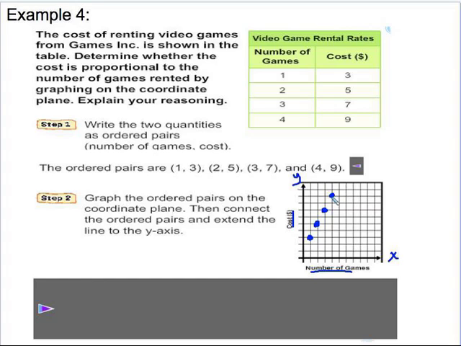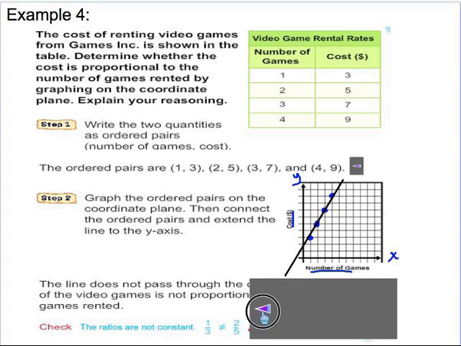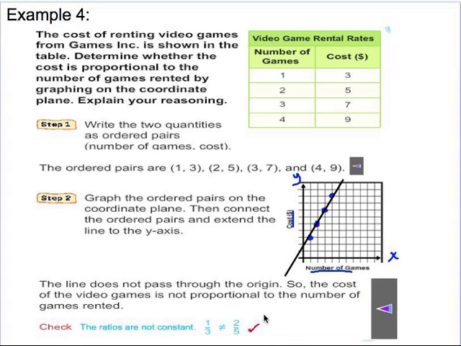When we go to graph this line, again, we have an interesting situation where the line is not going to go through the origin. So we do not have a proportional relationship here. And furthermore, the ratios are not constant. 1/3 is definitely not equal to 2/5.